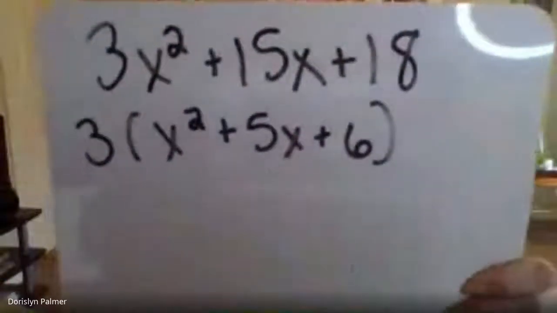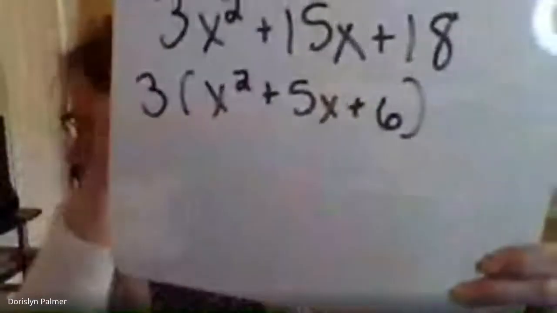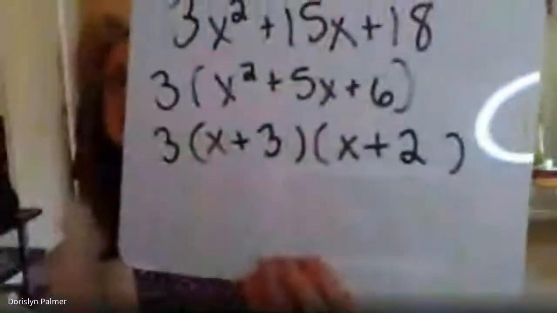Okay. And then it looks like that. And that makes this factoring really easy then. Because we know we could set up our two sets of parentheses, x and x, plus and plus, and two factors of 6 that'll give us a 5 in the middle. And we get the same thing.